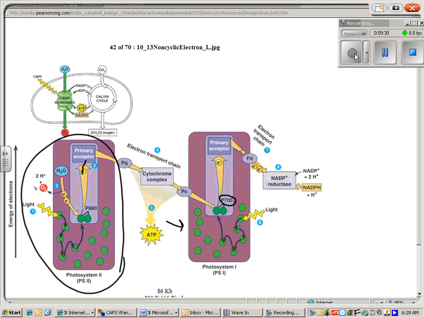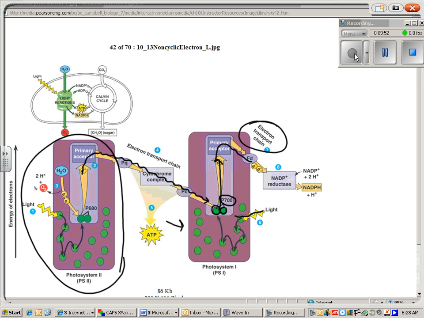So the electrons from photosystem 2 go down an electron transport chain, and you probably wondered, because you're an advanced biochemistry student, where do they go? Well, they go into chlorophyll. This chlorophyll gets excited by light, sends out its electrons.